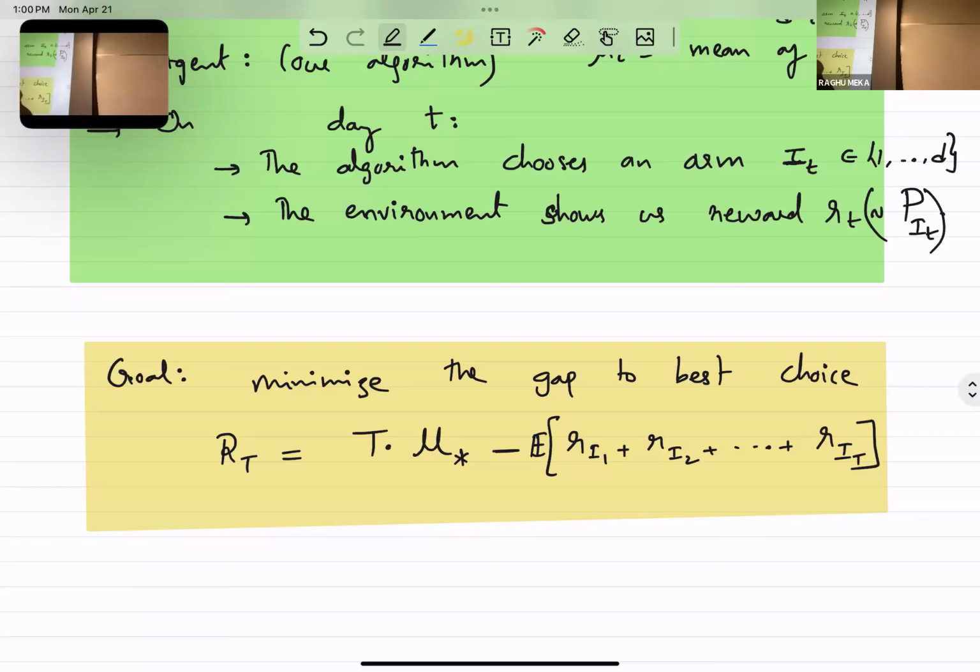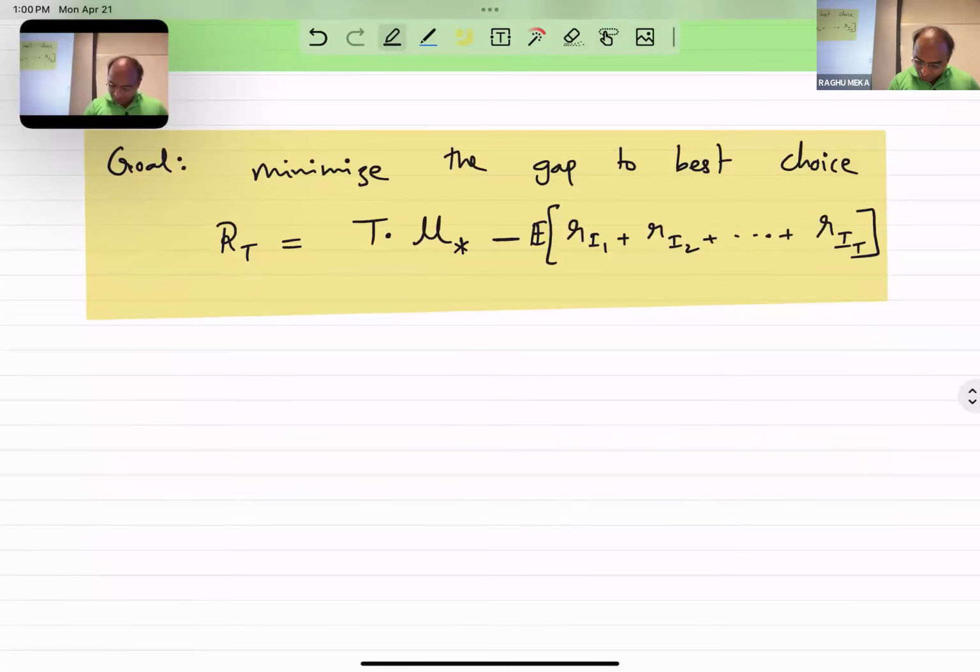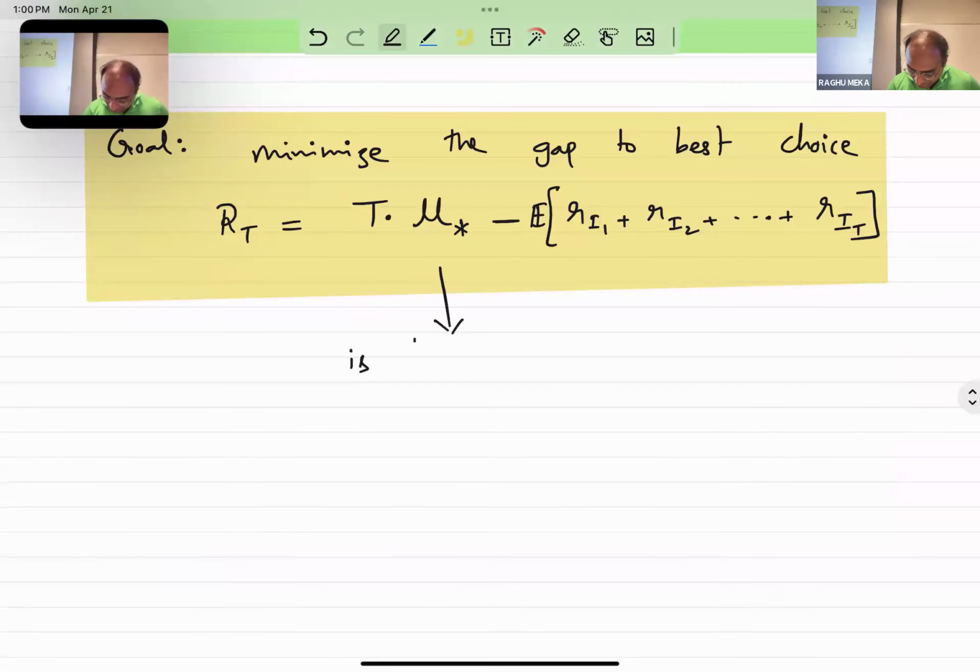And T times mu star is what we would get if I followed the best expert, where mu star is the highest mean, the best choice.